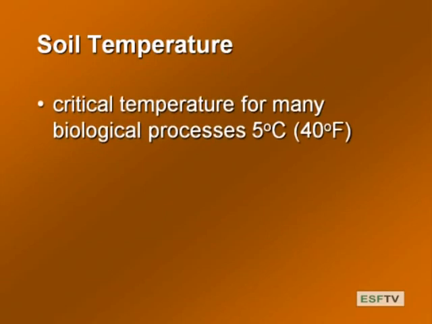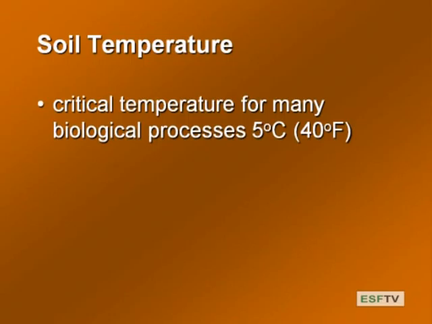Here's the thing I'm going to close with. I'm going to close with soil temperature and the critical temperature. We've made all this distinction in terms of wetlands and 5 degrees C and biological zero. So we've made this distinction that biological activity starts, or tends to begin in earnest, at a certain temperature.